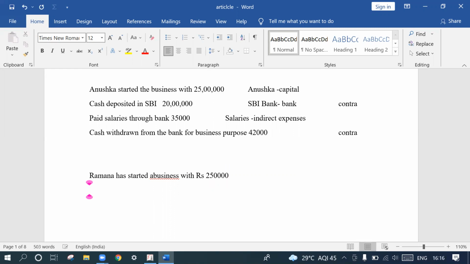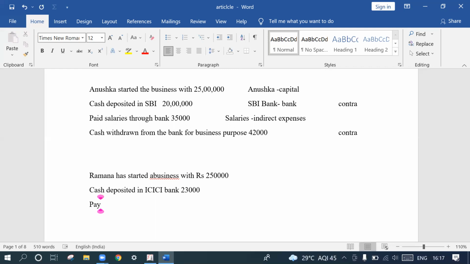Yes, cash deposited in ICICI Bank. How much? 23,000.